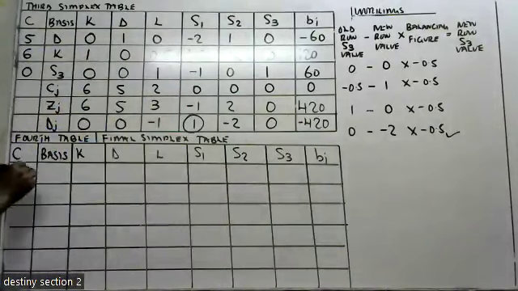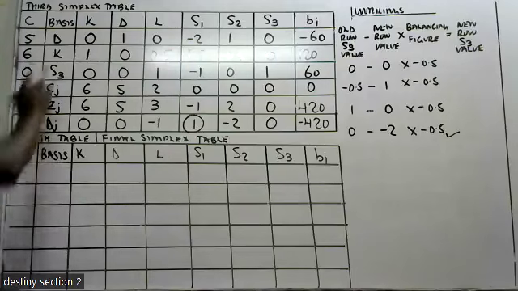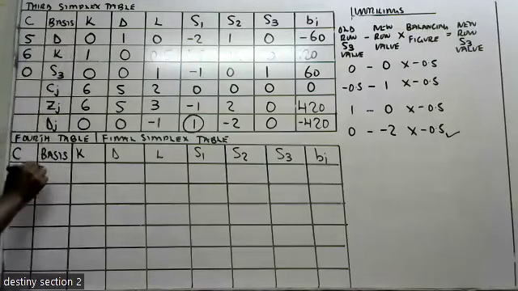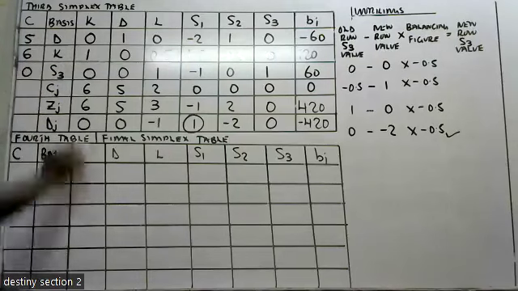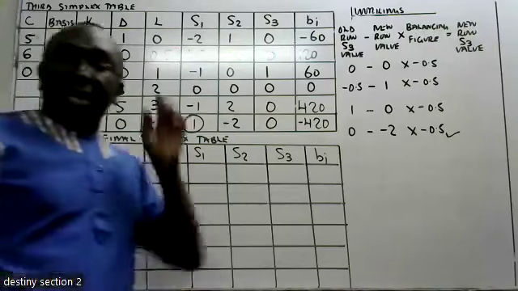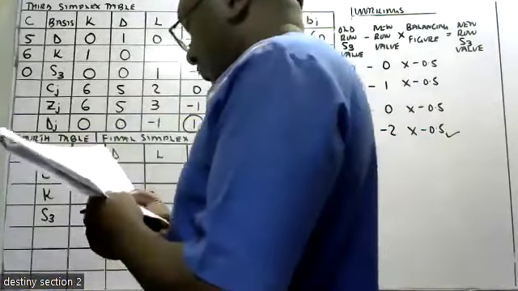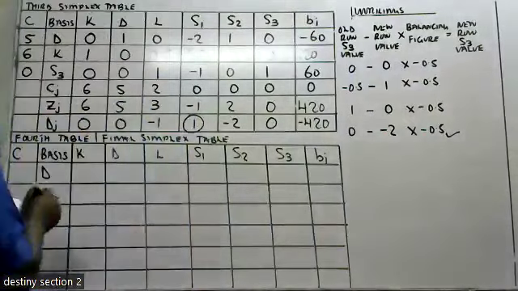So in his basis, he has not included column C. So he's talking of X1. X1 is our D, this one. X2 is our K, the second one. And S3 is this one. So the examiner, instead of using D and K, used X1, X2, X3, as you can see them there.